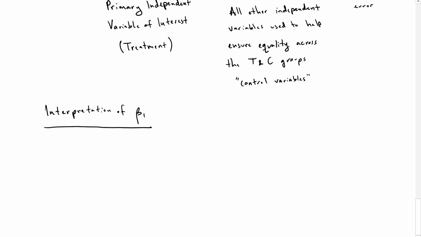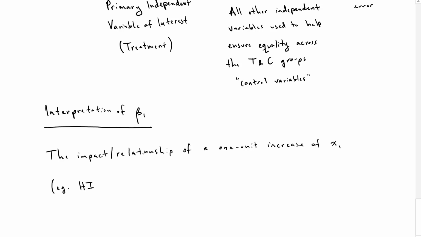This is the impact, or relationship, of a 1 unit increase of x1, in our example, health insurance, on yi.